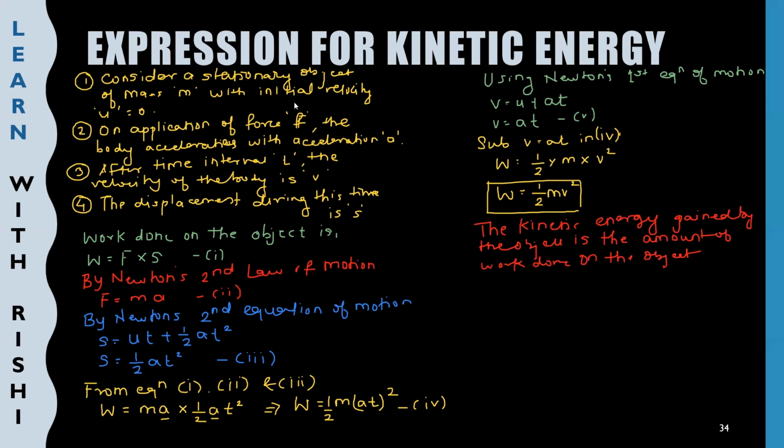Therefore, we can write kinetic energy is equivalent to work done. So we can write kinetic energy is nothing but half mv square. So this is the formula to find the kinetic energy, that is half into mass into velocity square. I hope you understood how we have derived the expression for kinetic energy.